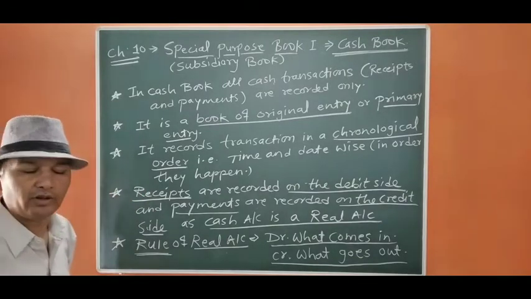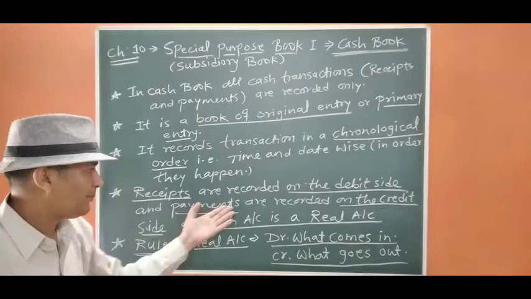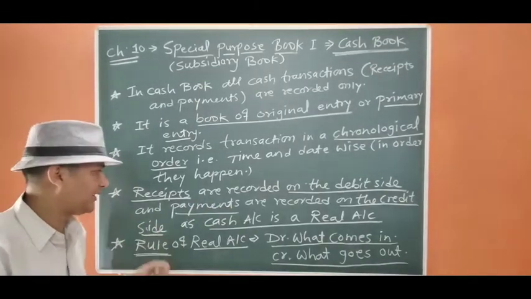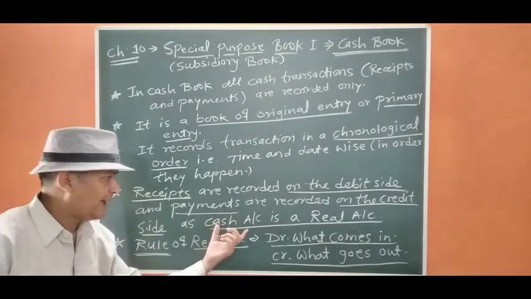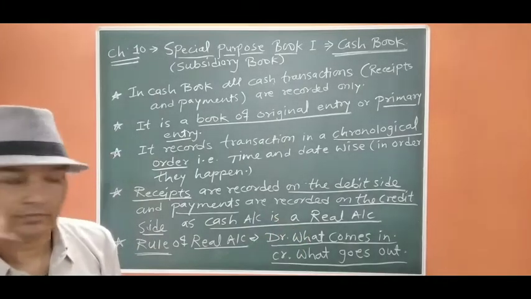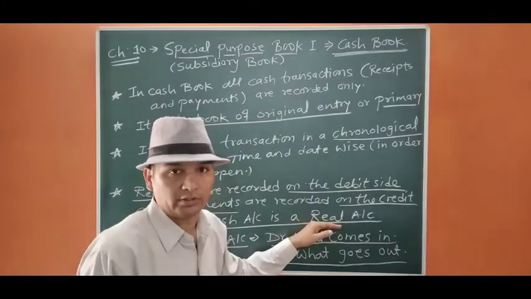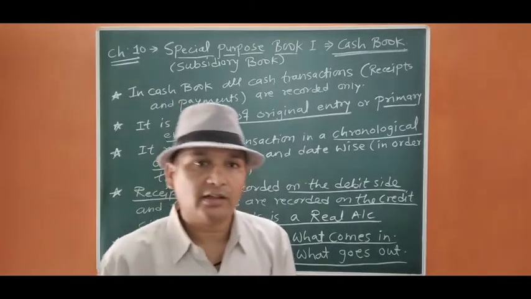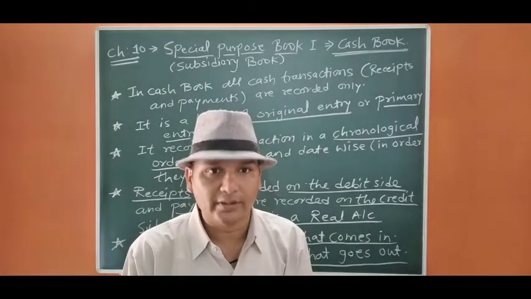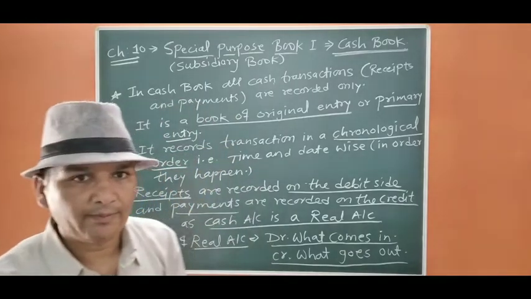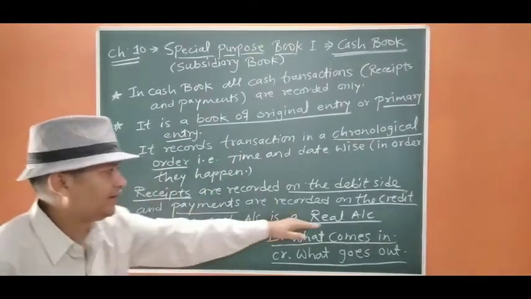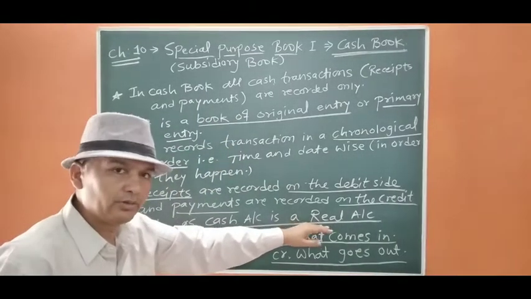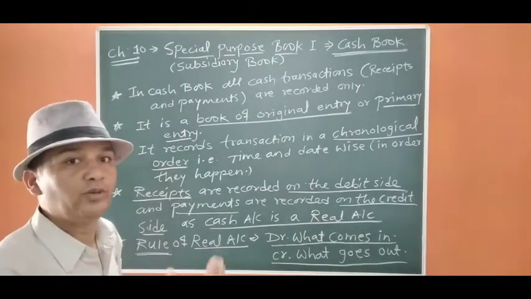Receipts are recorded on the debit side, whereas payments are recorded on the credit side, as the cash account is a real account. As it is not in the course, we are always doing the modern concept of accounting, but this is a traditional concept. Still, we are taking it to learn it.